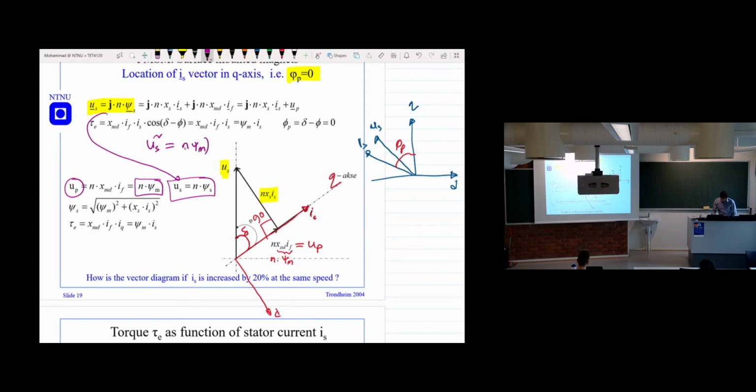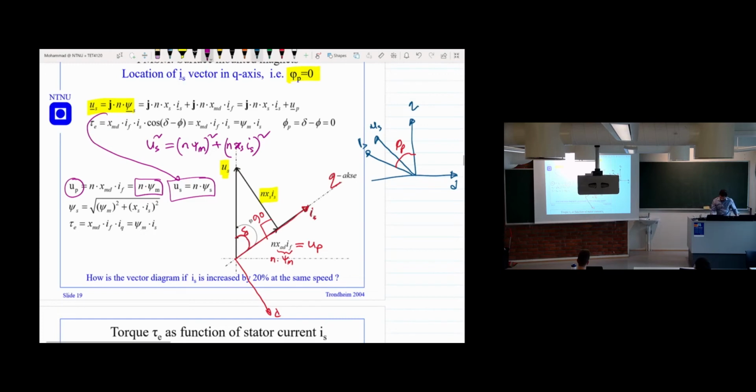So from this Pythagoras, we can write US square equals n psi M square plus n XS IS square. Right? This is according to Pythagoras that we can write for this. This square equals this square here, which is n psi M square, and then this one square. So according to the Pythagoras definition, we got that.